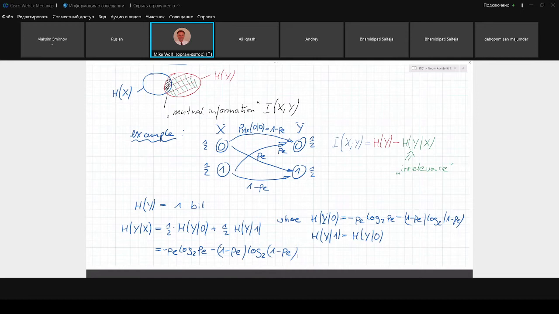Just to have a motivation for later, let's say we now get a value of 1/2 bit. Let's say, just as an example, this mutual information is just 1/2 bit. Could happen depending on this PE.